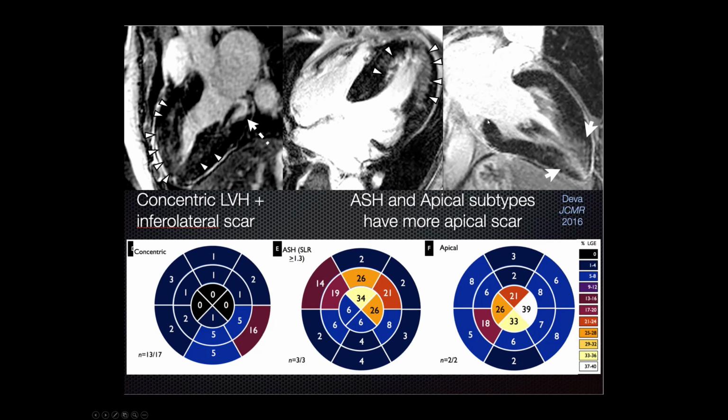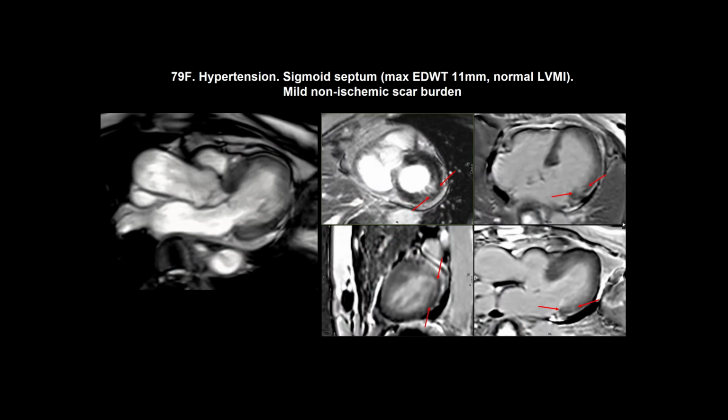But in fact, these two patients are genetically proven Fabry's cases with an unusual pattern of hypertrophy and more apical scar than you'd see in most Fabry's patients. Also, there are always Fabry's patients with pure cardiac Fabry's and with very little or no manifestations in the rest of their body. It gets more complicated.